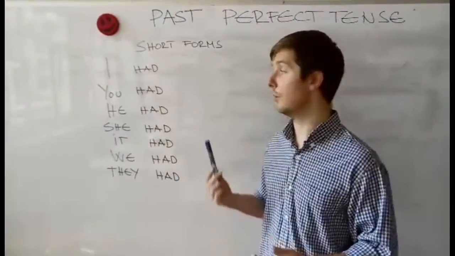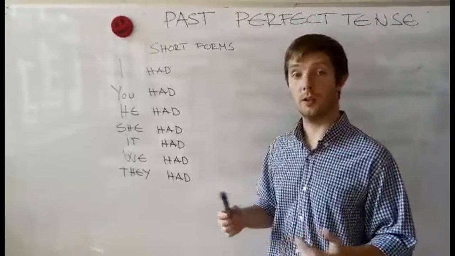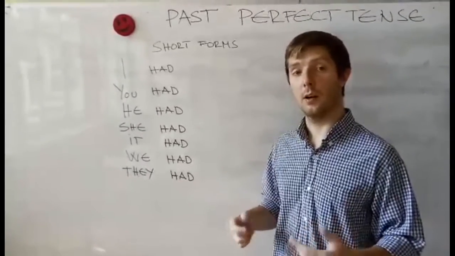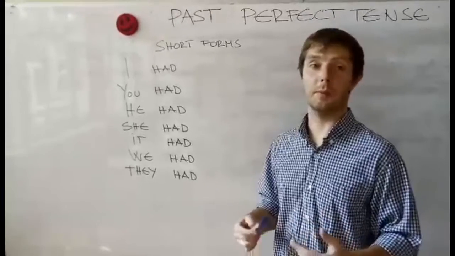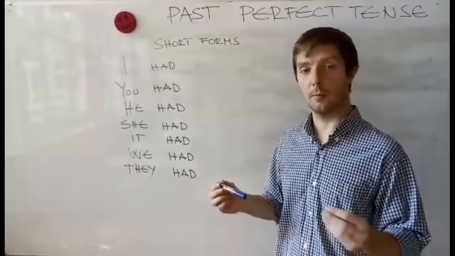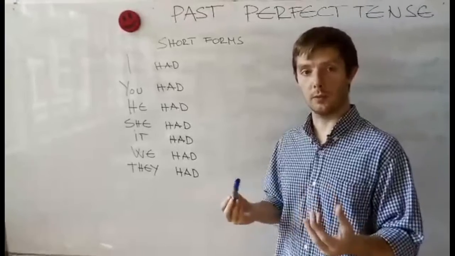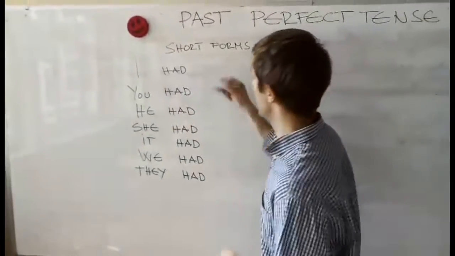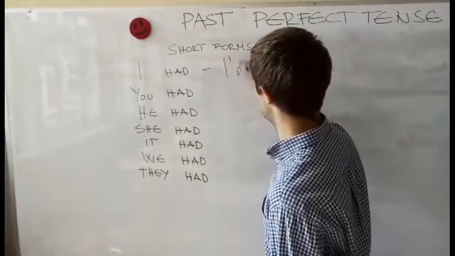Finally, I want to show you contractions. A contraction is joining two words together. Often in the English language, when people are speaking, they are combining two words by joining them together. In this example, I had is I'd.